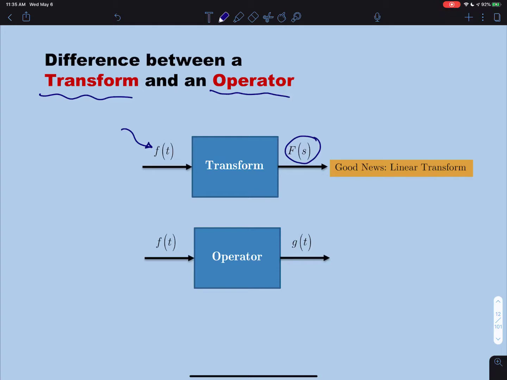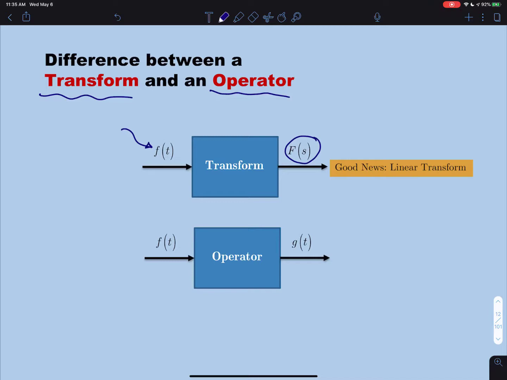So based on a completely different domain. So a transform doesn't just transform the function, it also changes the domain of the function. So when you put in a t variable into a Laplace transform, what comes out is not only a different function, but it's also a function based on frequency variable.